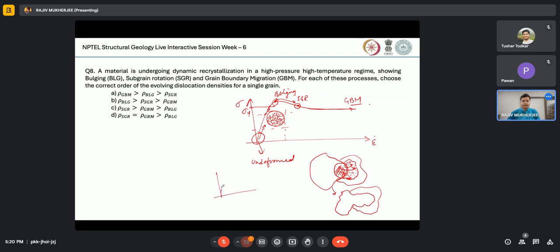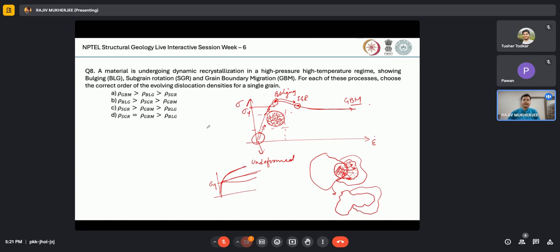So this is your yield stress. A material can show curves in three different manners. This is ideally plastic behavior. This is ideally strain hardening behavior.